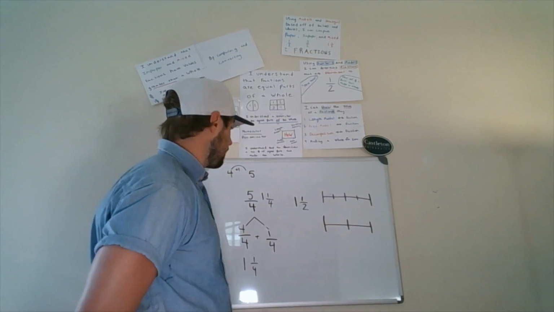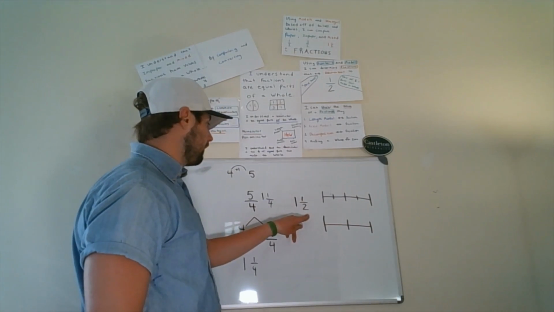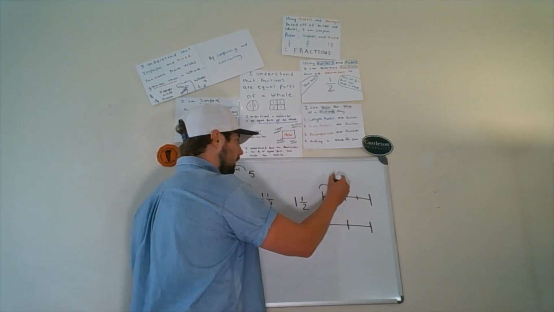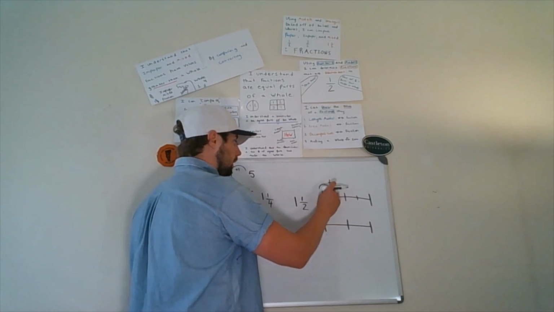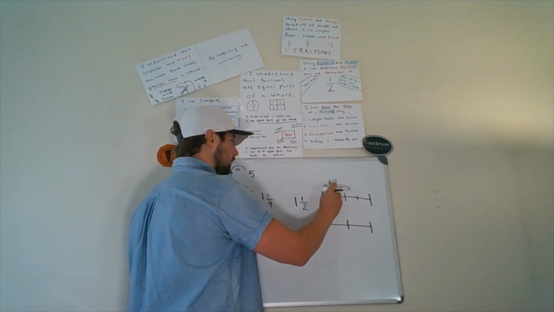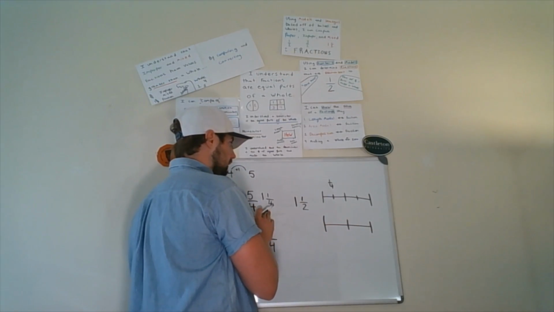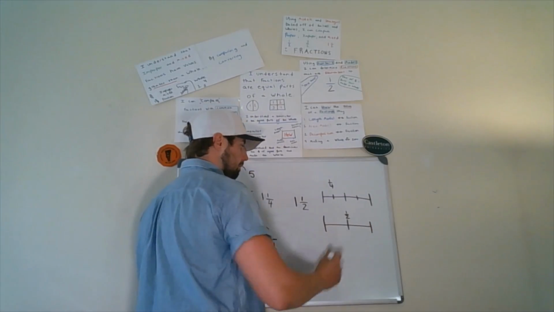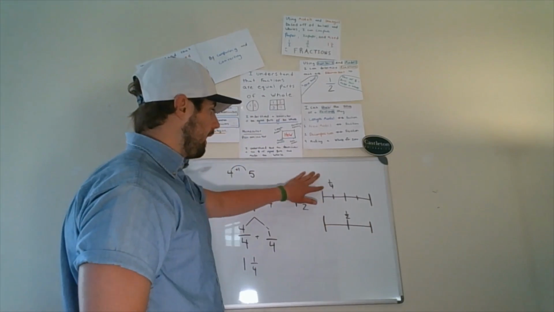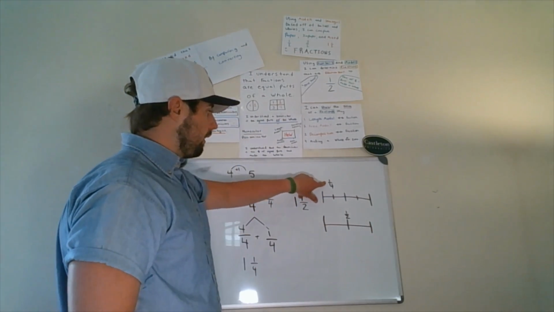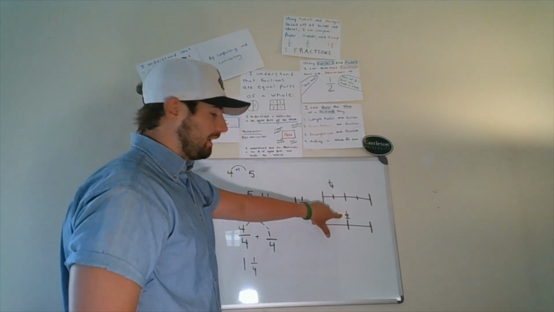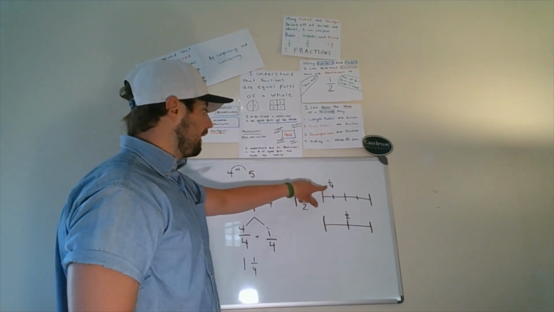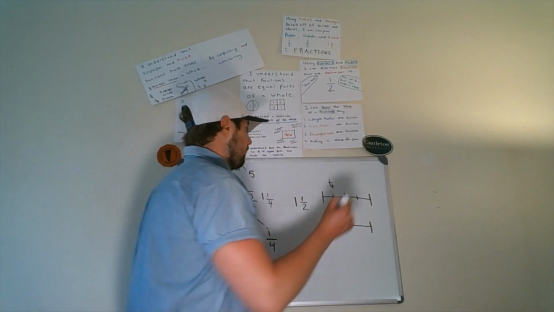Now let's compare. I'm comparing 1/4 to 1/2. I know there's 1 part, or 1/4, represented here, and I know that 1/2 is represented here. Let's compare. 1/4 is definitely less than 1/2. 1/2 is definitely greater than 1/4.